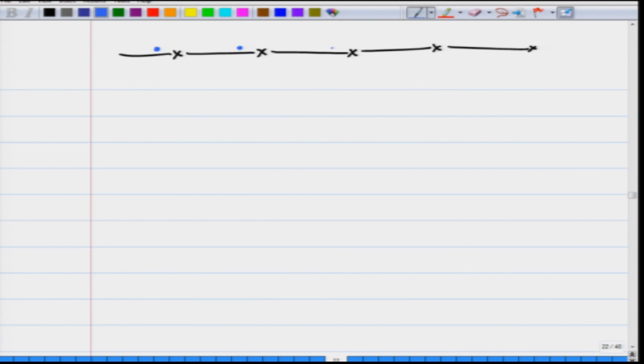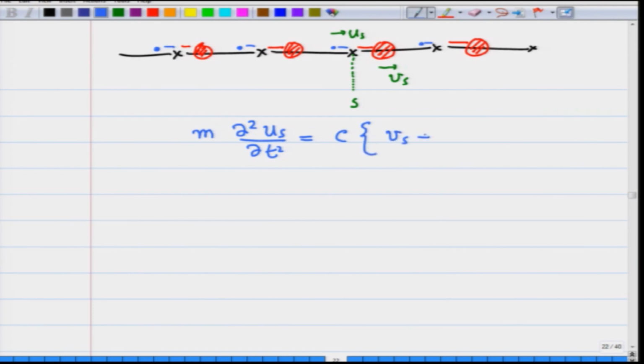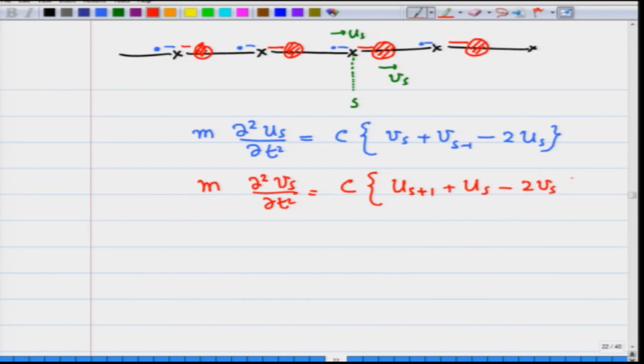So, blue atoms and the orange atoms, and at the Sth site the displacement is u s for the blue one and v s for the orange one, and then we have written the equations of motion as: m d2 u s by dt square is equal to C, V s plus V s minus 1 minus 2 U s, and m d2 V s by dt square is equal to C, U s plus 1 plus U s minus 2 V s.